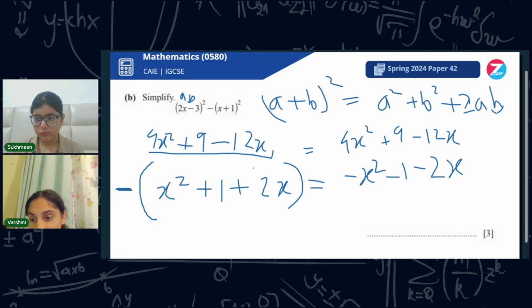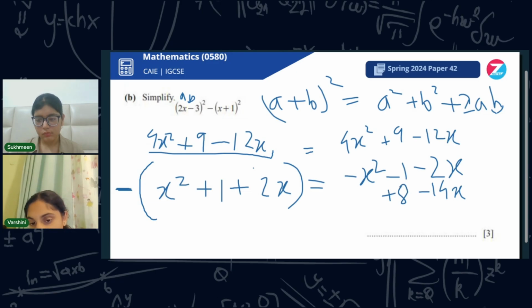And since they both have the same x term, we can just add them up. So we know minus 12 minus 2 is going to give us minus 14x. And this also is numbers, so we can do 9 minus 1, which is 8, plus 8.